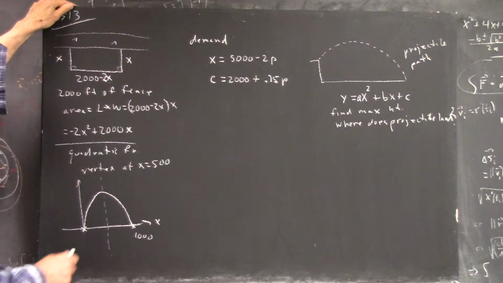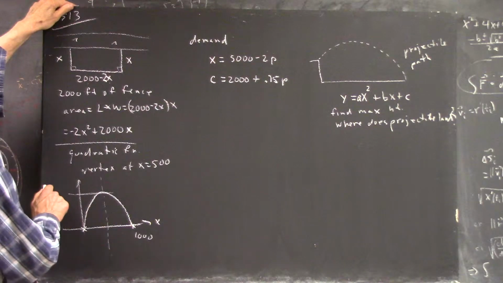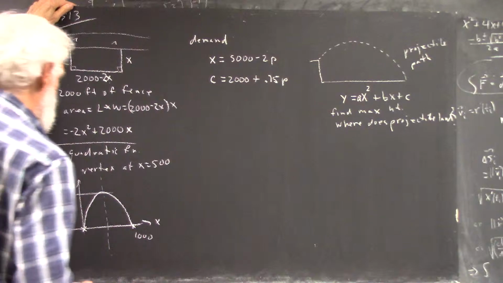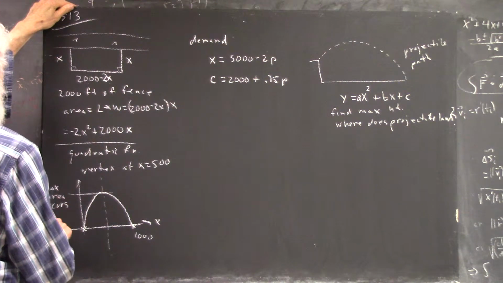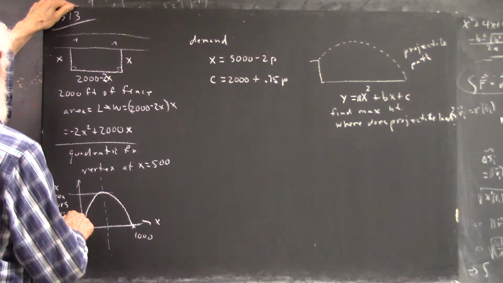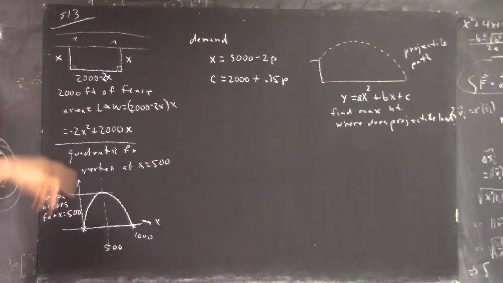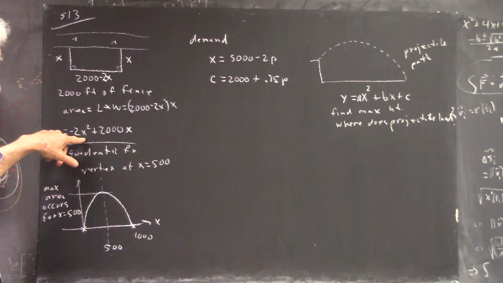So if the graph looks like this, here's your maximum area. It occurs for x equals 500. And to get the area, you just plug it back into here. 500 squared is 2,500.